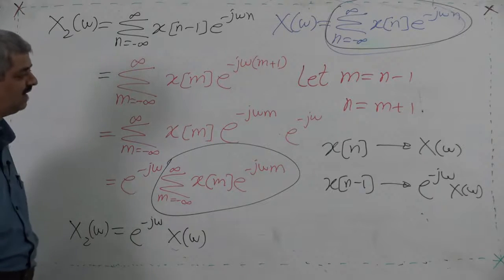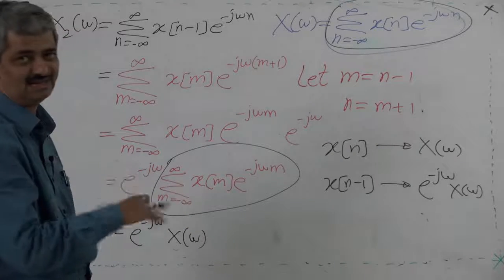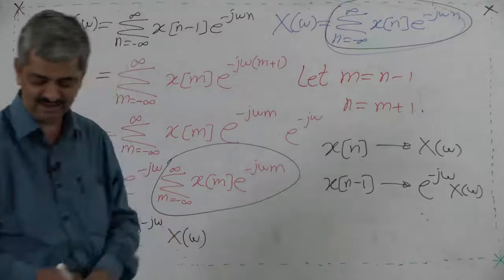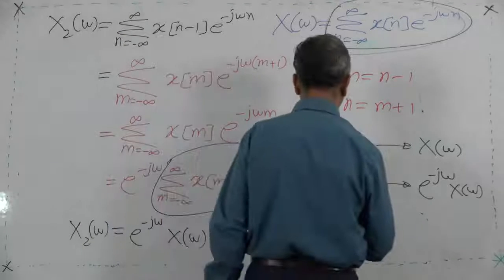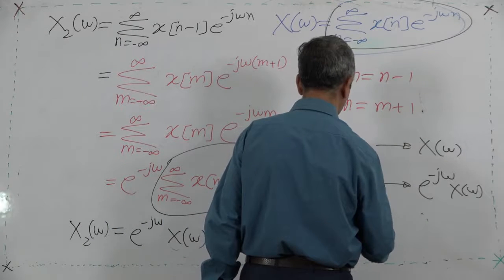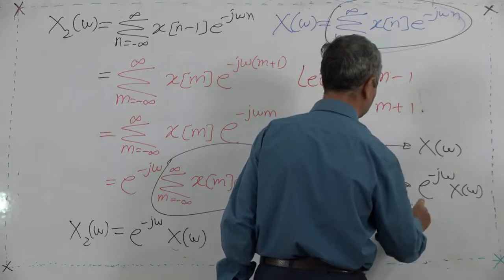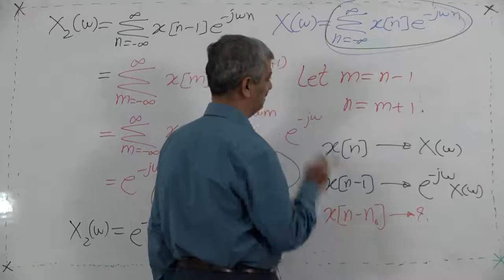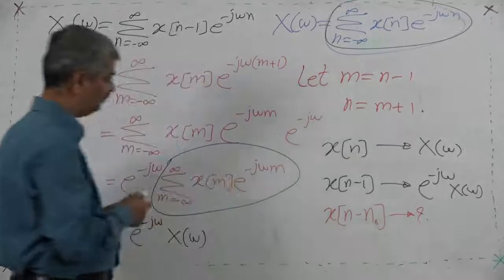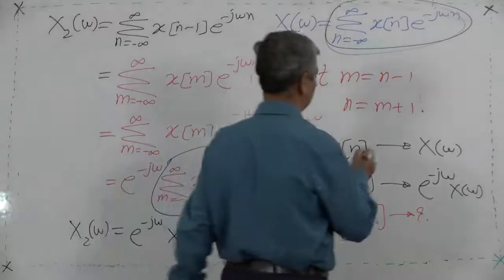What I have done is a shift of n minus 1. In general, it can be for any shift, minus or plus. So, I can say shift by n naught. If I shift by x[n minus n naught], what would it be? n naught positive, n naught negative, both are possible. No change will be there, the only difference is that n naught is a finite number.